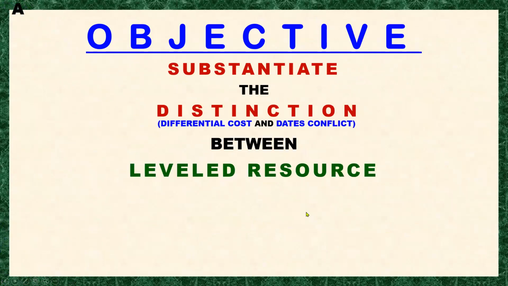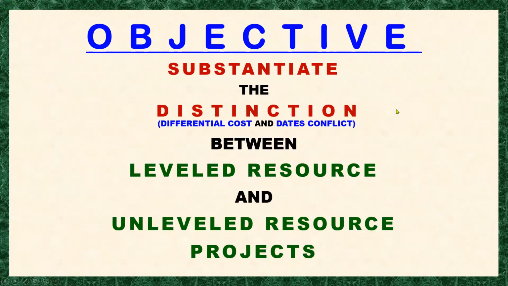Our objective is to substantiate the distinction between the labeled resource and the unlabeled resource projects. Let's have a few reviews and insights before we proceed to the execution in Primavera P6. Labeled and unlabeled project resource, differential cost and dates conflict.